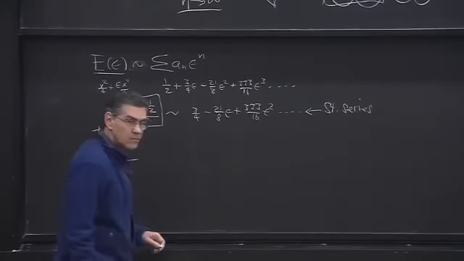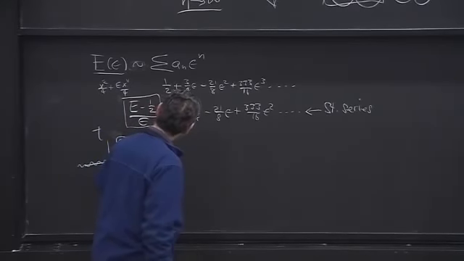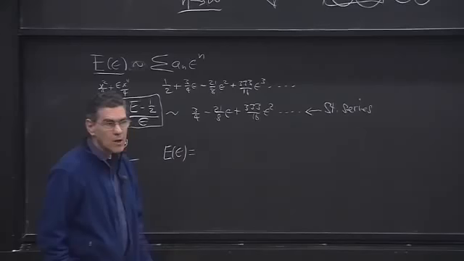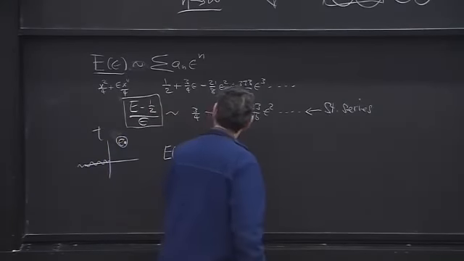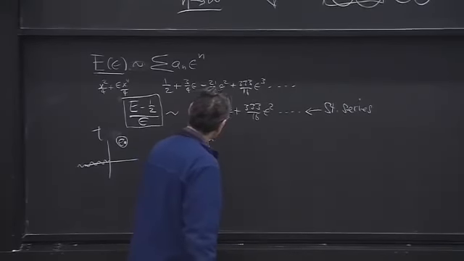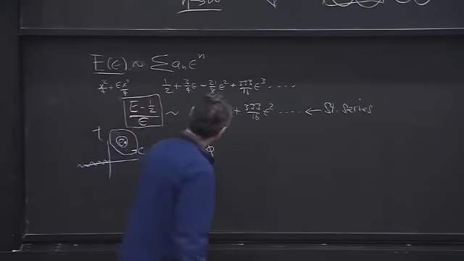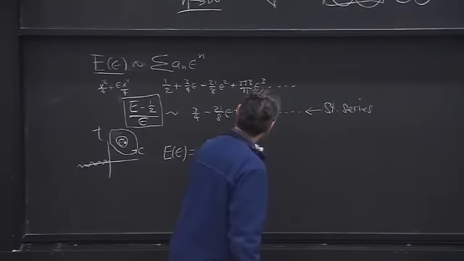It says that E of epsilon can be written as the integral around some contour like this of dt over t minus epsilon times E of t.